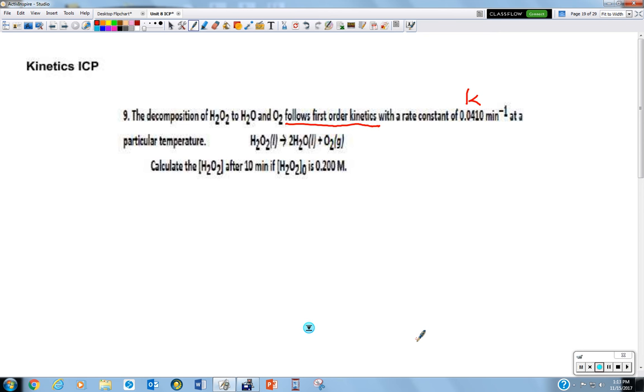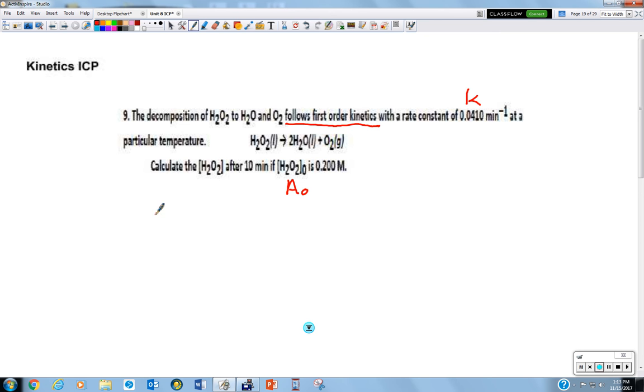So we have hydrogen peroxide splitting into water and oxygen, and it says calculate the H2O2 concentration after 10 minutes if our original concentration is 0.2 molar.